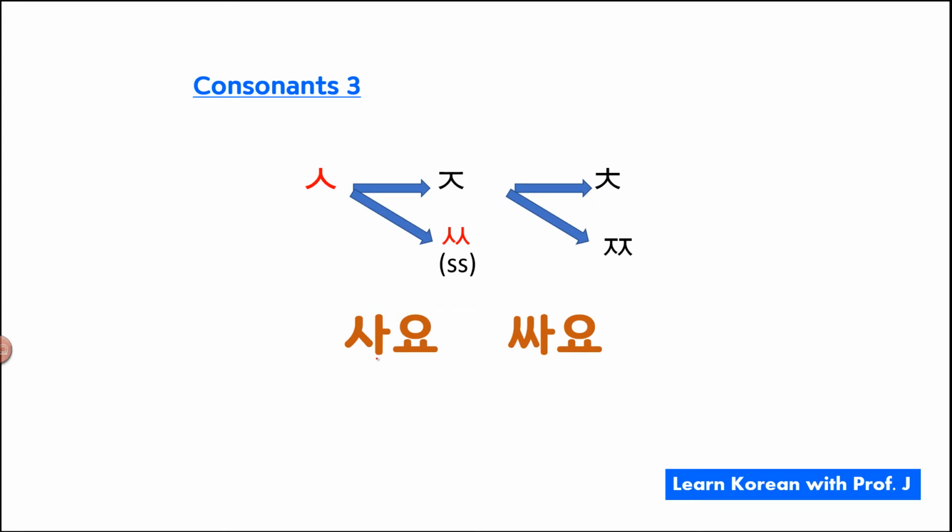As I mentioned earlier, when you have these tense consonants, it tends to be said in a higher pitch. 사요, 싸요. And because you're pronouncing this with a higher pitch, the air doesn't really come out of your mouth.